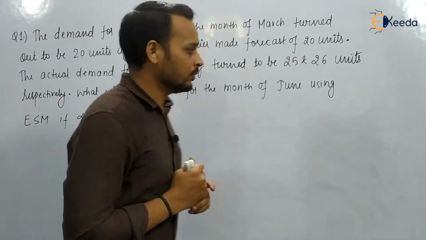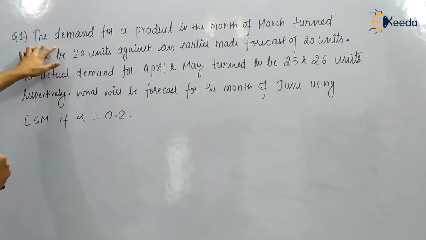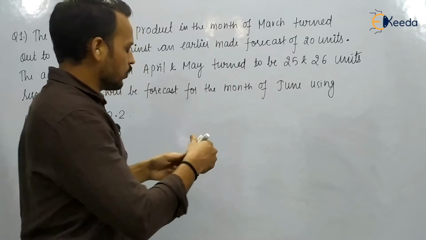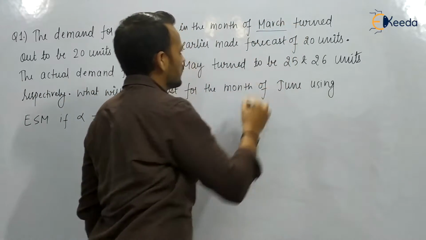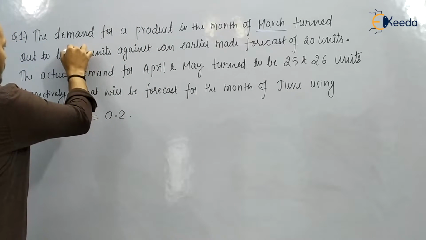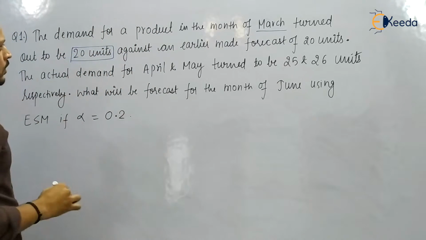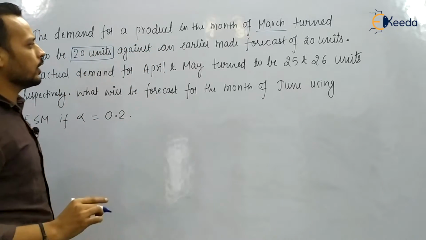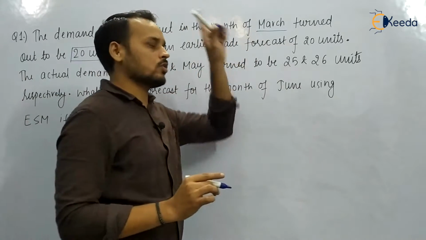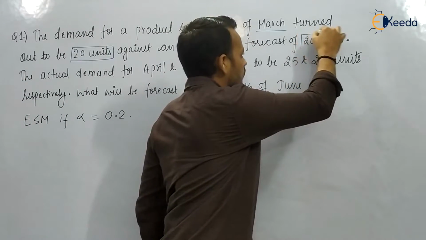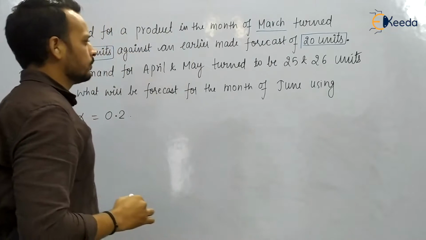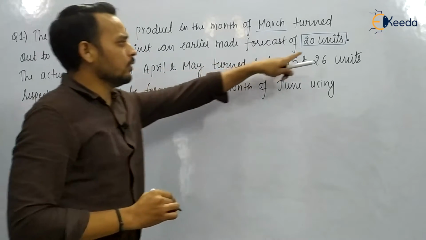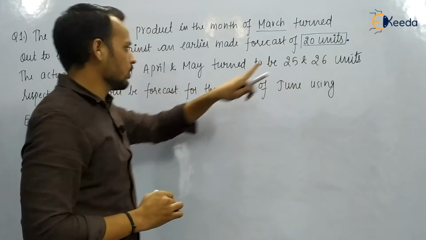We will read the question. It says that the demand for a product in the month of March turned out to be 20 units against an early made forecast of 20 units. This is the demand data and forecast data for March.